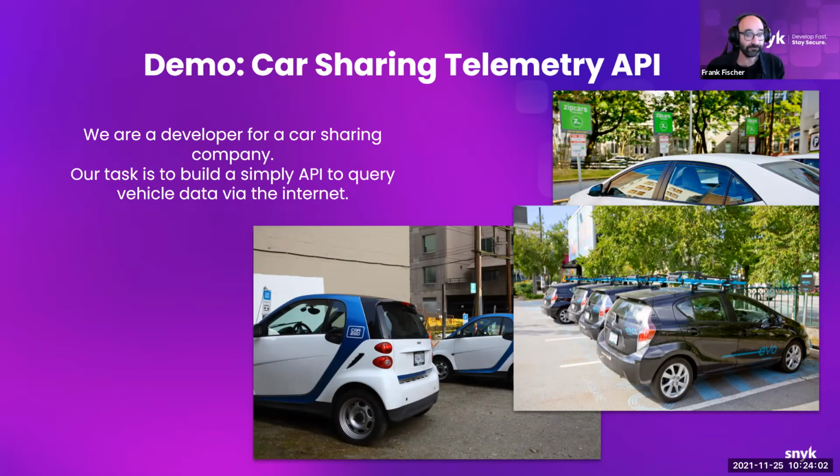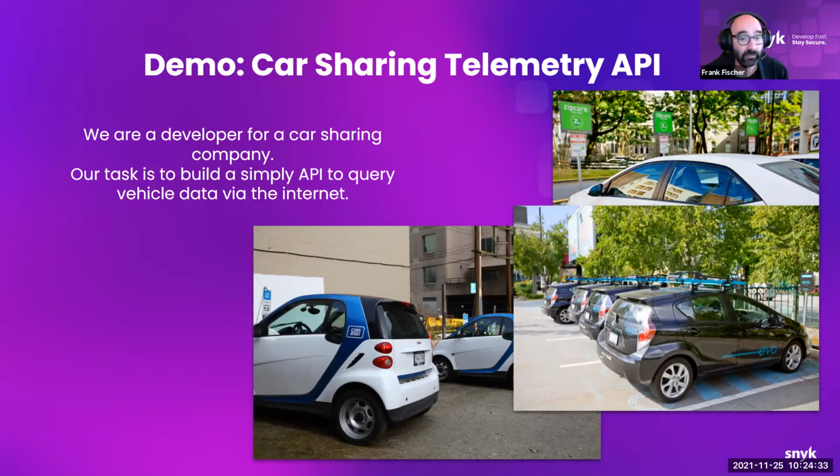As a developer, I am now tasked to build an API that enables partners that we have to get some telemetry data of the cars that we run. It's a simple RESTful API. They can query what cars we have, and they can query the details of a specific car. So this is the task that we have now.